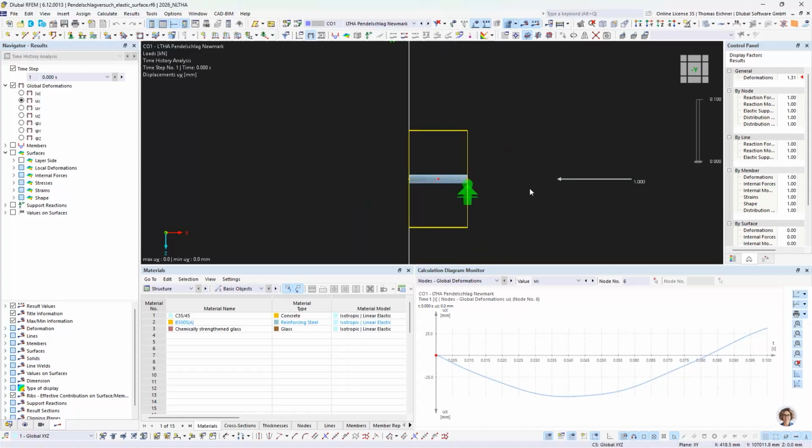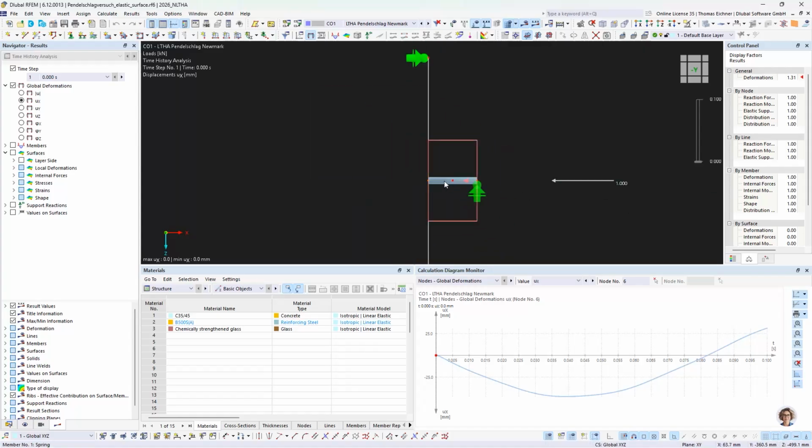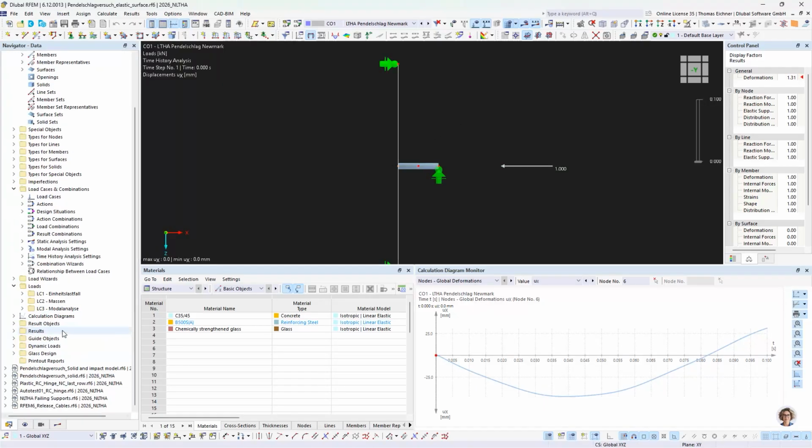That's how we make sure that it goes away after the impact. Okay, that's quite straightforward, and that's it already. Now we can go for the results. I already calculated it.